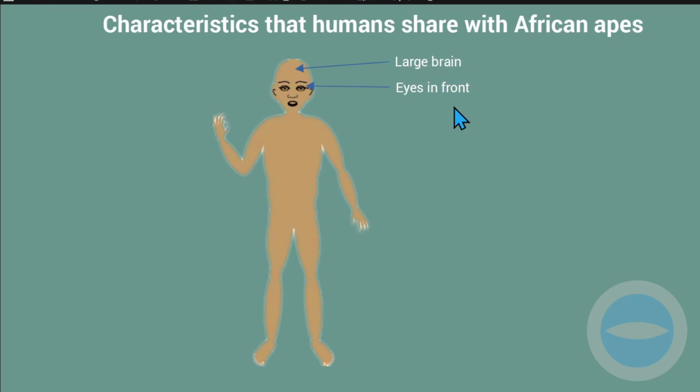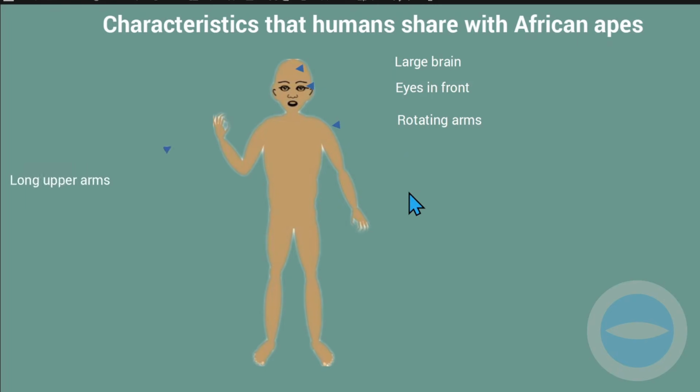Binocular vision is when you look at something with two eyes, but you get only one picture, to make the picture clear. So these apes and humans have the same characteristic of eyes in front. Again, they have rotating arms. As you can see, our arms can go up and down, they rotate here.